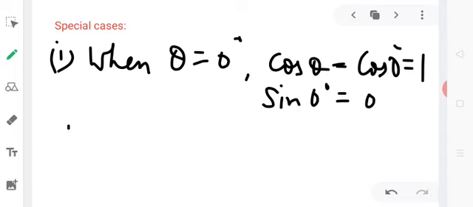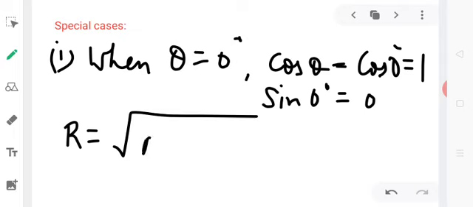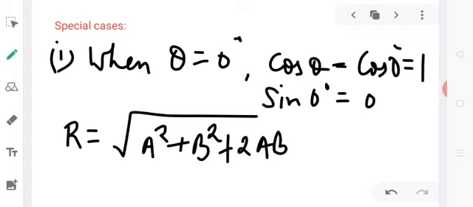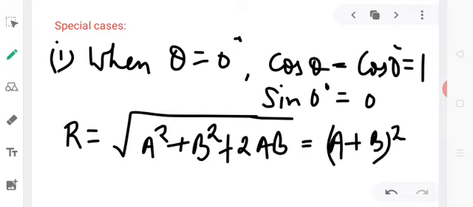So from this we can get the magnitude of R to be equal to root over A square plus B square plus 2AB cos theta, where cos theta is 1. So that will give you root of A plus B whole square, and obviously that will give you R equal to A plus B.